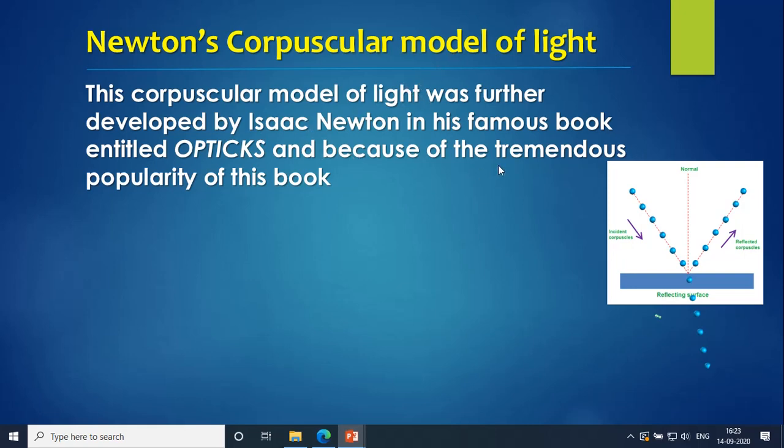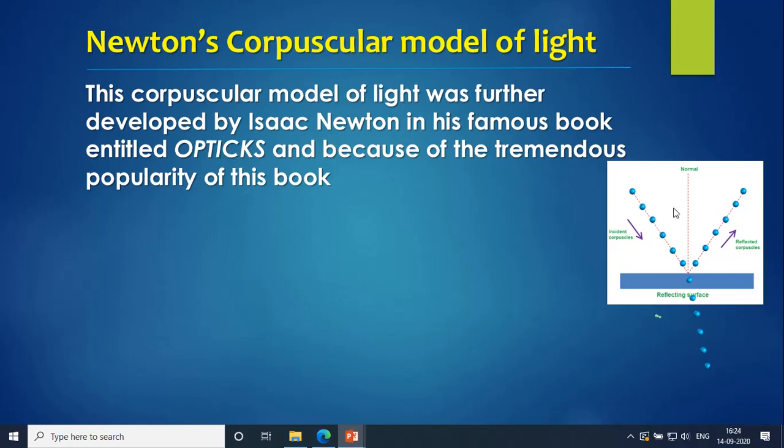According to Newton's corpuscular model, he agreed with almost all predictions made in the corpuscular model of light. But he wrote all these details, predictions and theory in the book titled Opticks. And this book was so popular in those days.